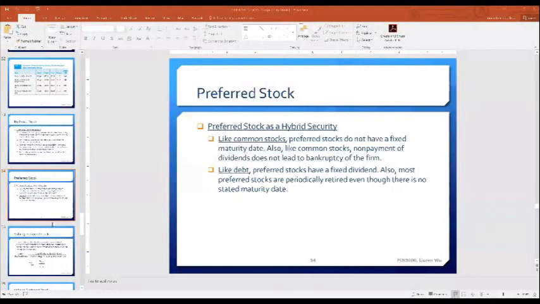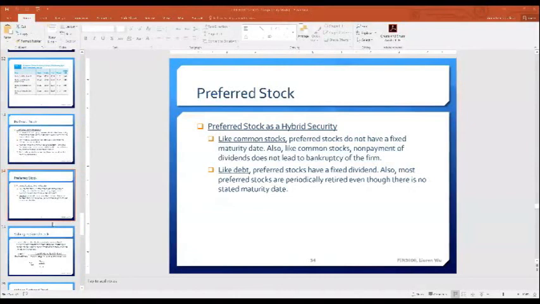With preferred, you are preferred in all aspects. For example, in bankruptcy, you are among those who can claim right away. And you have more power, and the stocks you can contribute may be larger.